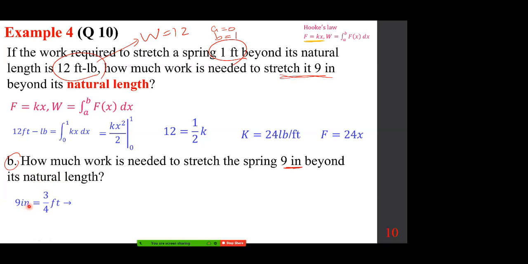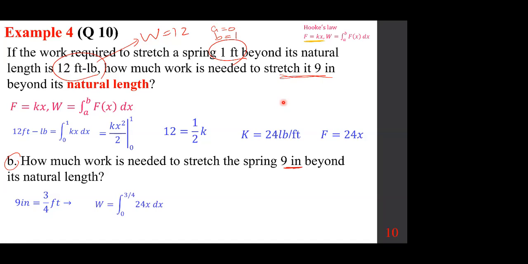For example, this was foot pound, 1 foot. So 9 inches must be changed accordingly. Now that we know that, we just do the math from 0 to 3/4.